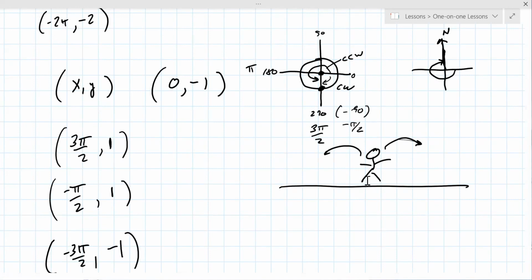Yeah. Imagine going 90 degrees. You'll be staring at the wall to your left. You can either take a step forward to get to that wall. That's one option.